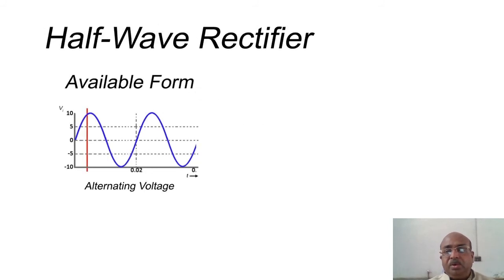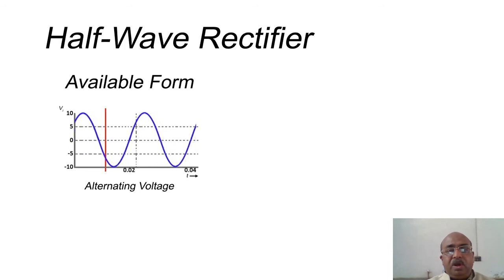Now let us come to our main topic, that is half wave rectifier. The available alternating current is as depicted in the figure. It has its positive side in the first half cycle, and in the next half cycle it comes to the negative side, and this way this alternating current flows.